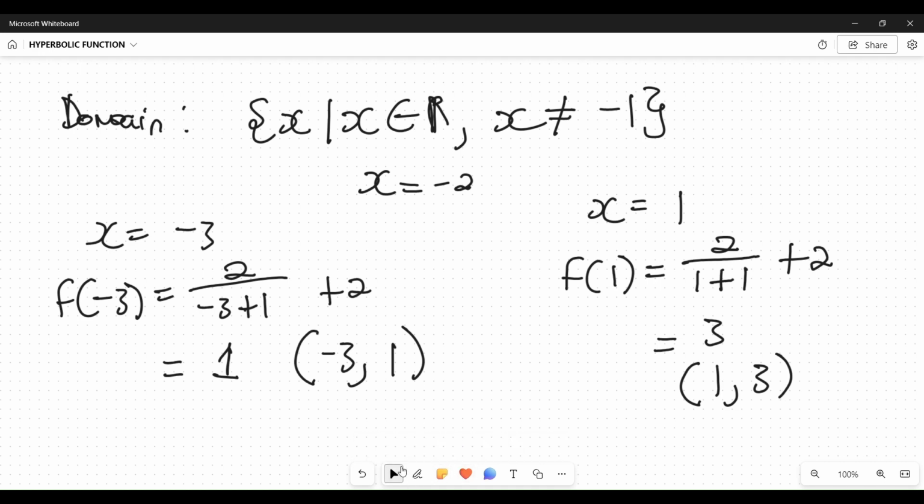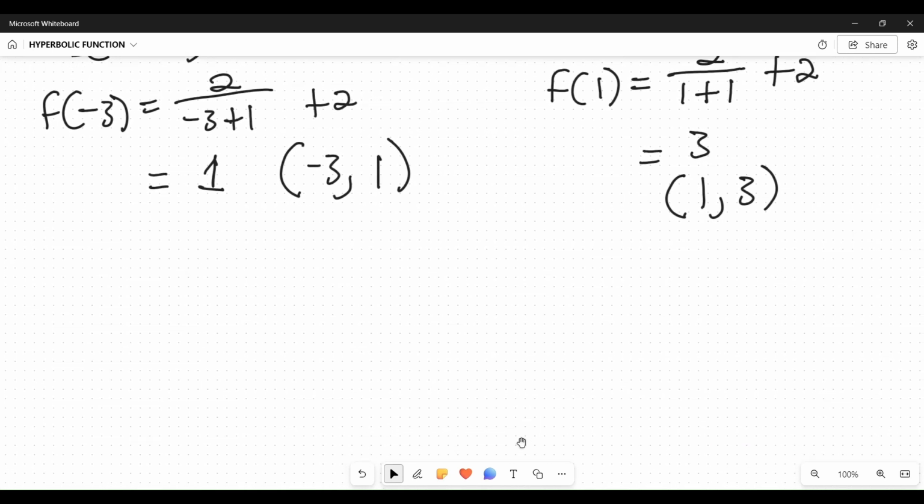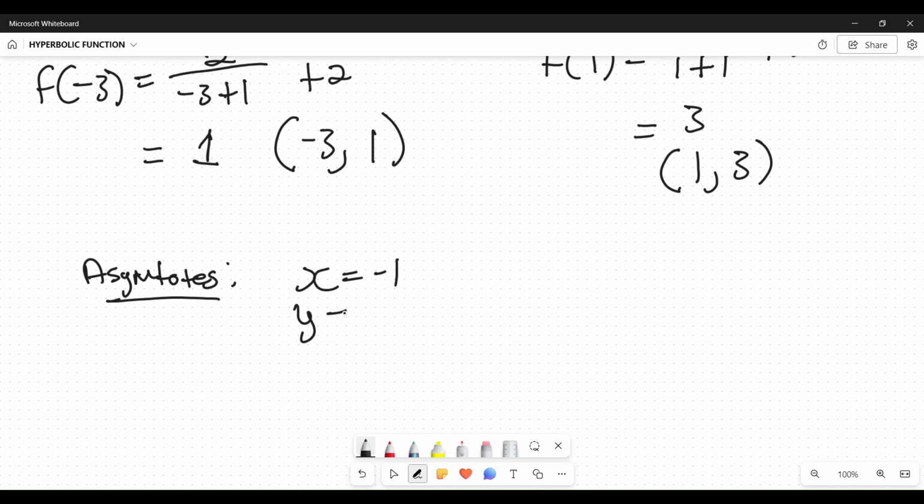So now we have some key points, and we have identified the asymptotes. Well, let me rewrite the asymptotes. x equals to -1, y equals to +2. Then the x-intercept, let me check, oh yeah, it's -2 and 0.